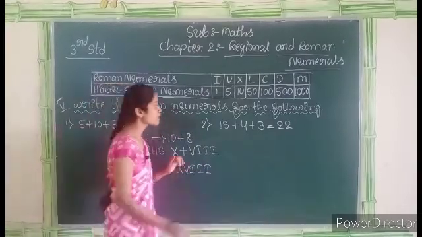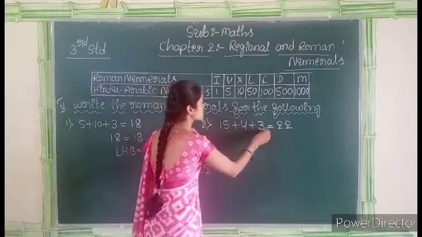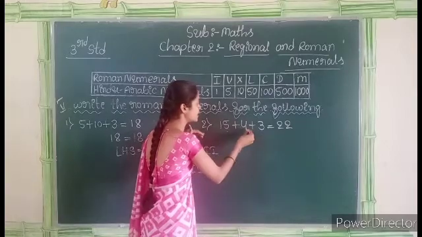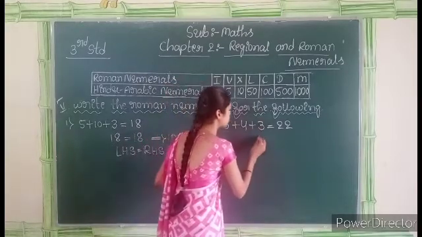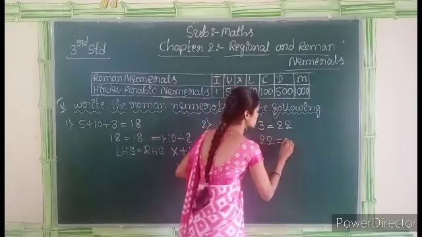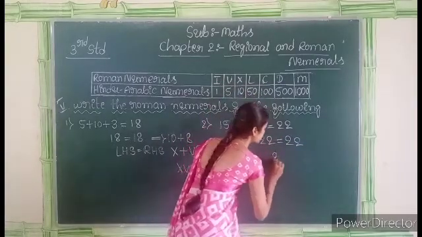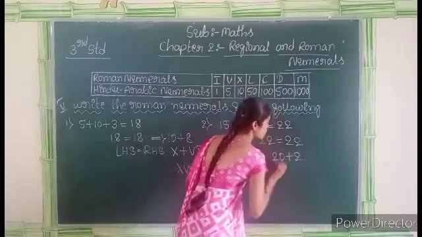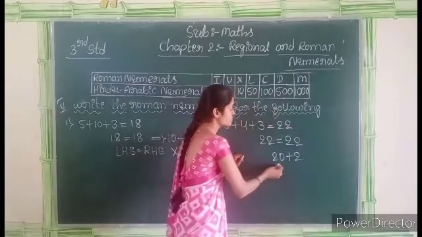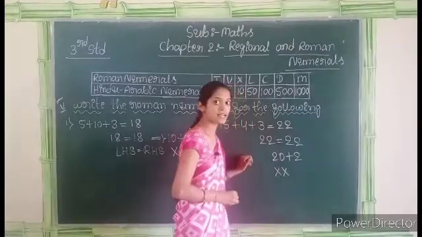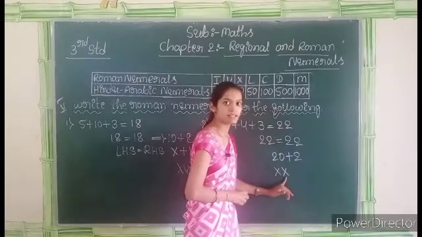Then 15 plus 4 plus 3 is equal to 22. 15 plus 4, 19, 19 plus 3, 22. 22 is equal to 22. 22 can be written 20 plus 2, and 20 can be written double X. X represents 10, 10 plus 10, 20.